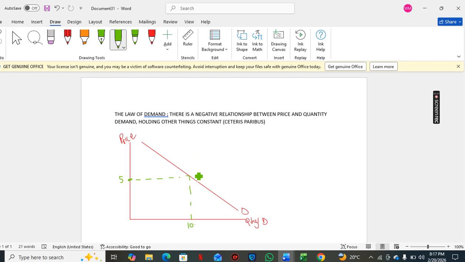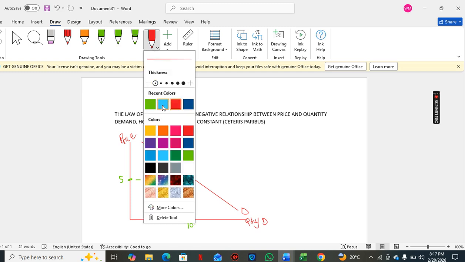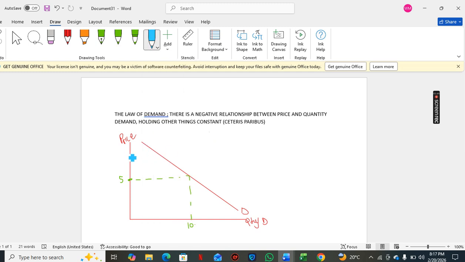Now, if the price of the good had to increase from 5 kwacha to 15 kwacha, I think we can all agree that we won't be able to buy these 10 units, okay, because the good has become expensive. So we might be able to buy, let's say, 5 units of the good.